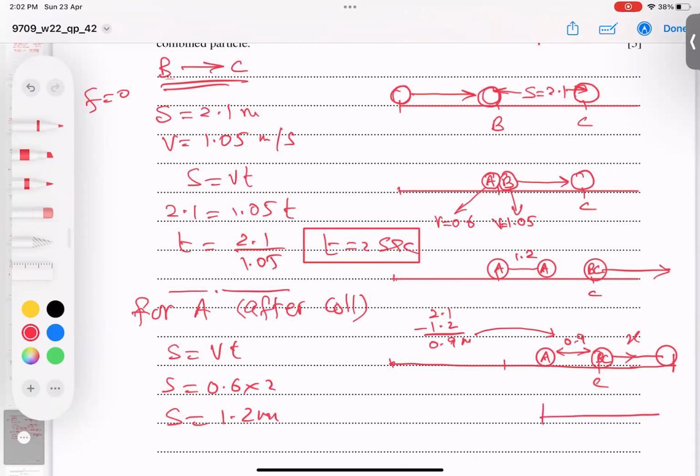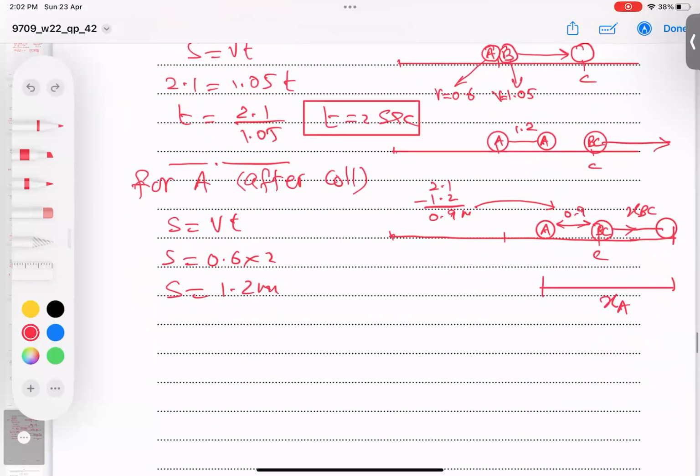Now this is the distance traveled by particle A, and this is the distance traveled by the BC particle. Make sure this gap of 0.9 remains the same from here onward. Why? Because imagine particle A is here and BC here. From here, one will move this way and the other this way, so they travel the same time to reach the collision point.